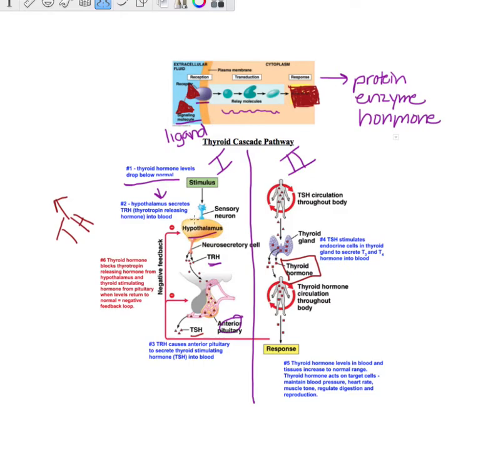The stimulus is low. If you have high, then it shuts this down, and you will not have this signal transduction pathway happening. So that's the negative feedback. The level of hormone is going to tell the hypothalamus, stop making the TRH, stop this whole process. We've got enough thyroid hormone. When those levels drop again, then this whole process will start again.